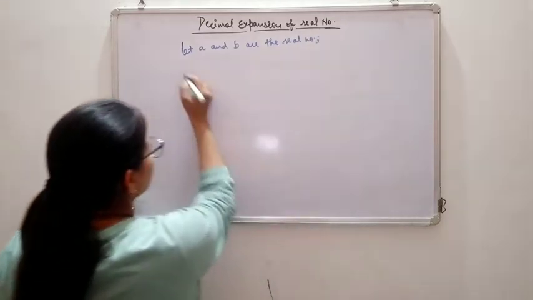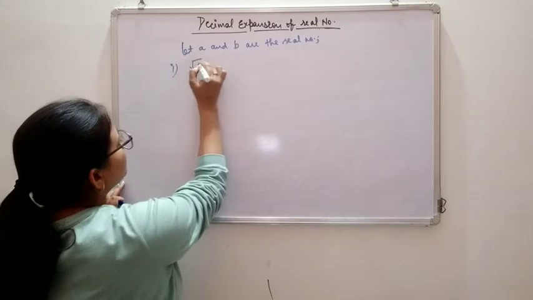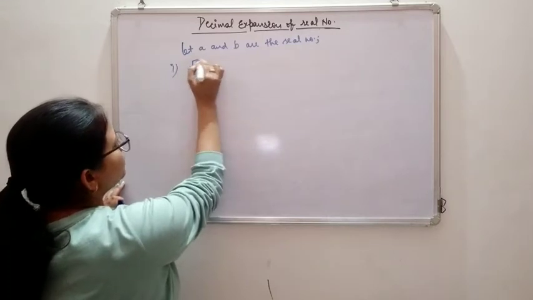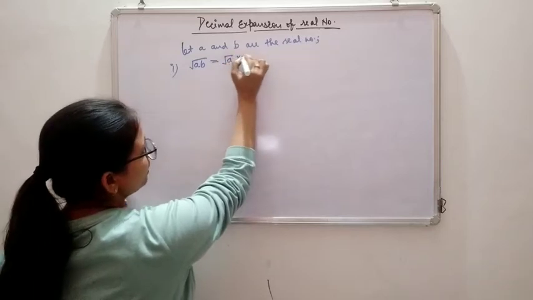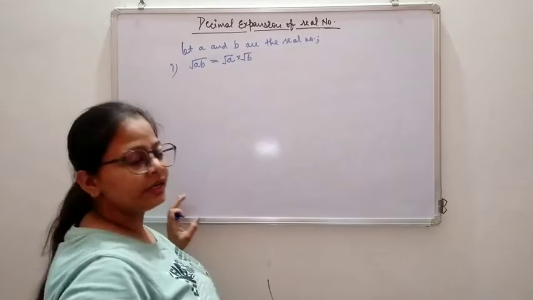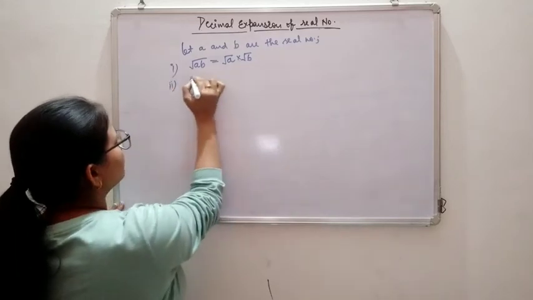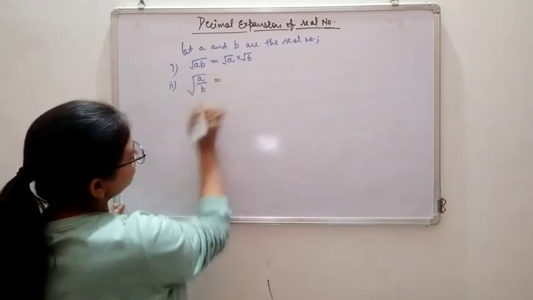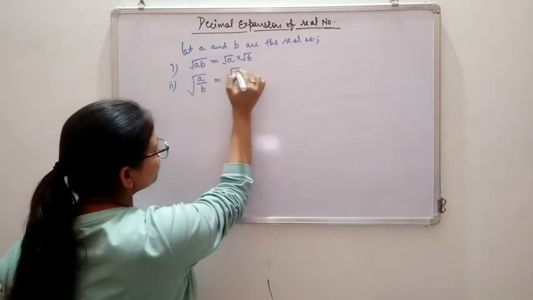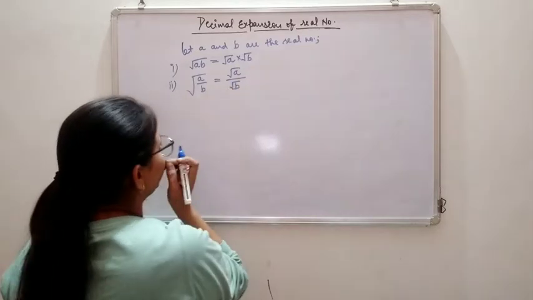The first identity is root AB equals root A multiplied by root B, right? The second identity is square root of A upon B can be written as square root of A divided by square root of B, right?